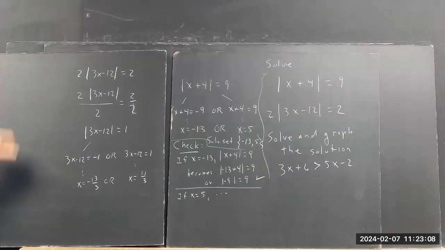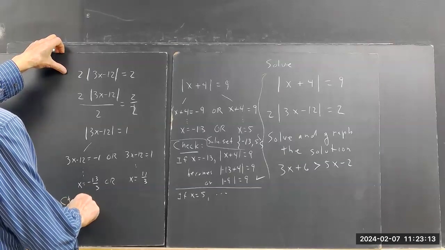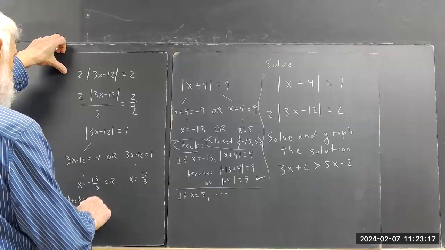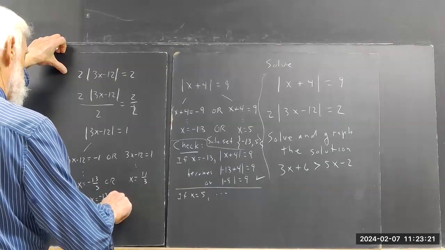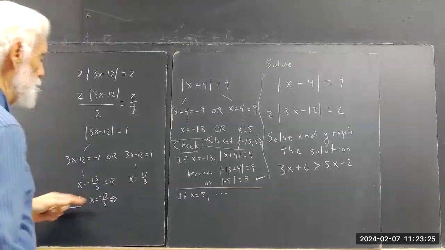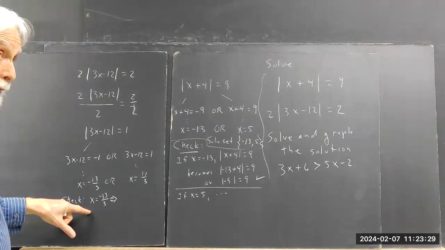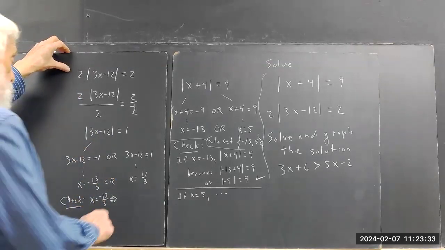Okay, well, we can check. Okay, this equal sign with an arrow on the end of it means that what I write here follows from what I've got here. If this is true, then this is going to be true.